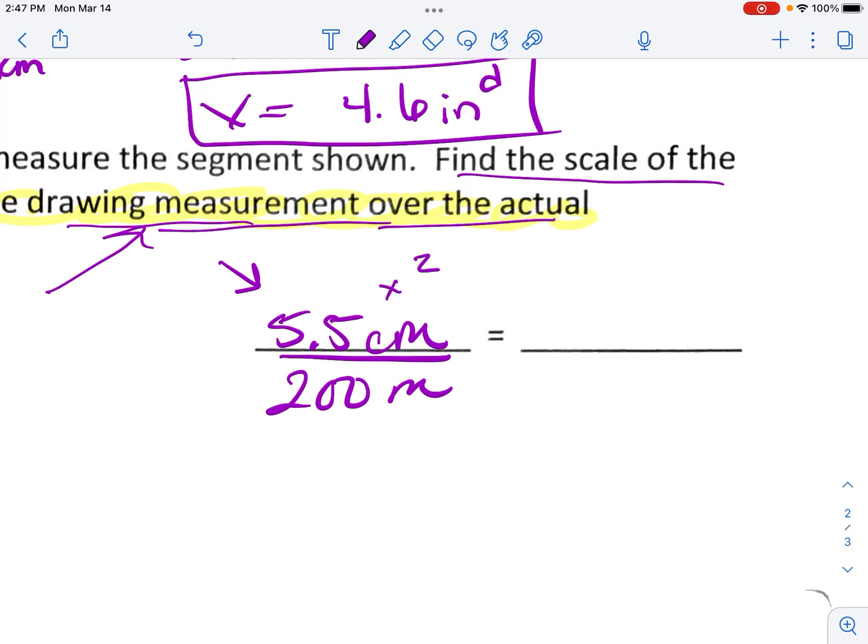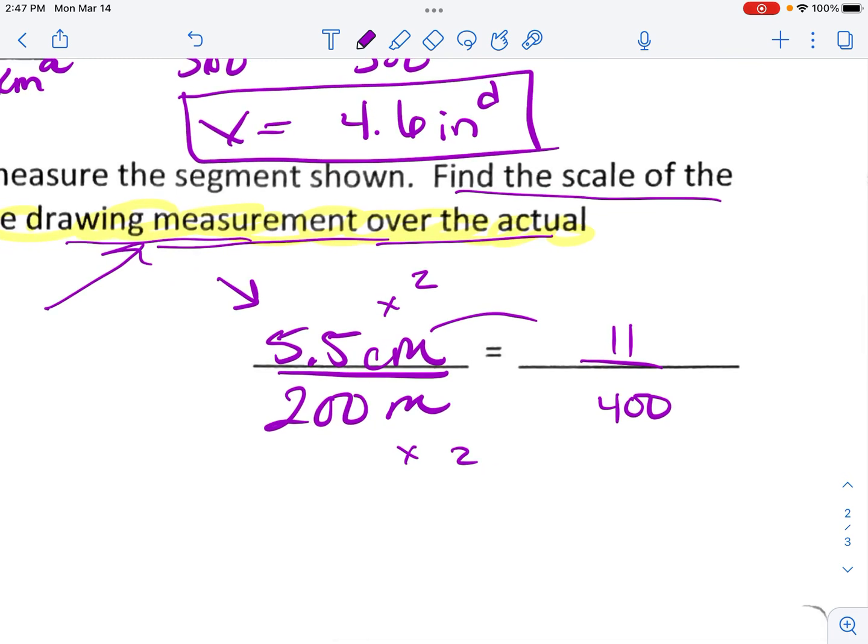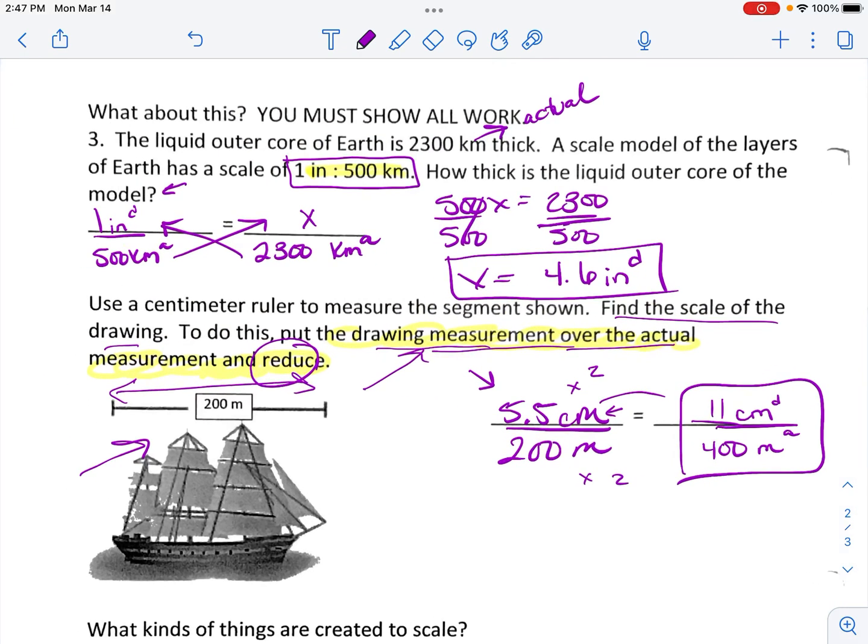If I multiply by 2, top and bottom, I can get whole numbers. Now those numbers make a little bit more sense. We don't have decimals in them. Use the same labels. So 11 centimeters in the drawing or the model is 400 meters actual distance. This would be the new scale.